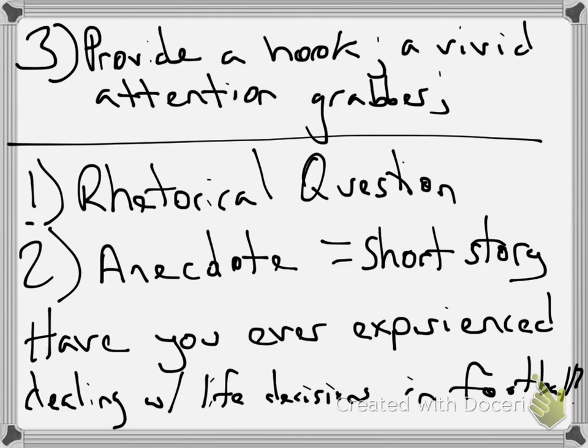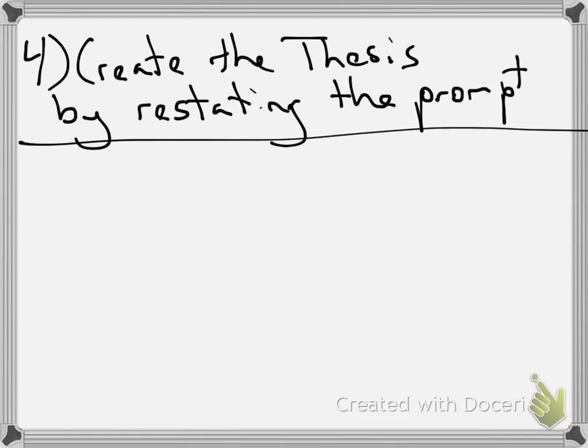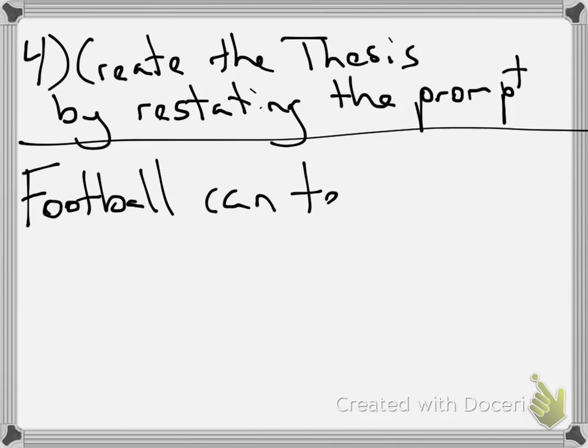Then moving on, next up we need to create the thesis by restating the prompt. So the prompt says, write an explanation about how a sport or activity can teach life lessons to those who participate in it. So we're restating the prompt. So the sport or activity, we've chosen football, can teach life lessons.